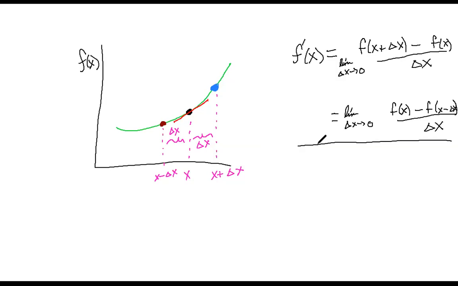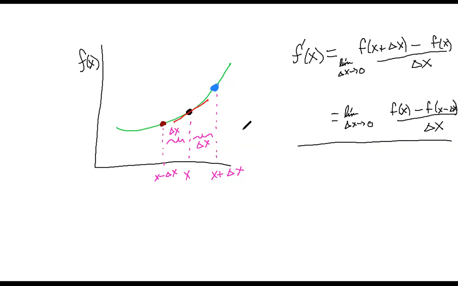We're going to have to make approximations, so a derivative won't be exact. But if you make delta x really small, if you slide this blue dot closer and closer to the black dot, then the errors are going to get smaller and smaller.